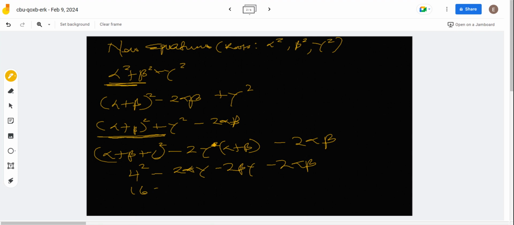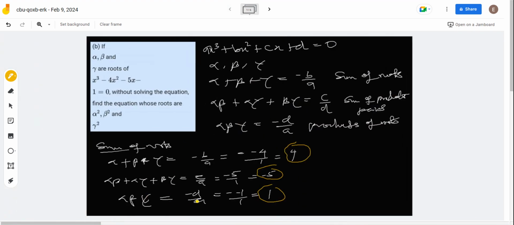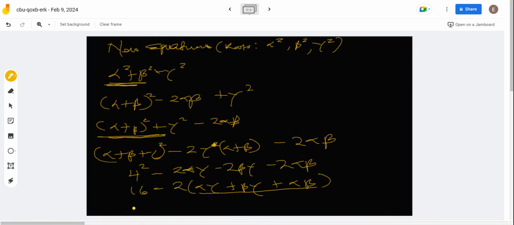This becomes 16 minus; we factorize 2 out and we have alpha gamma plus beta gamma plus alpha beta. This expression is the sum of the product pairs, which is negative 5. Let's throw that into it.